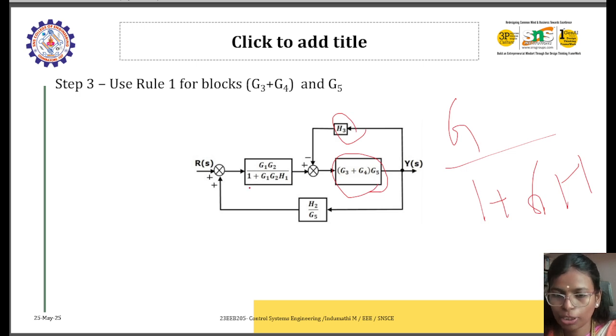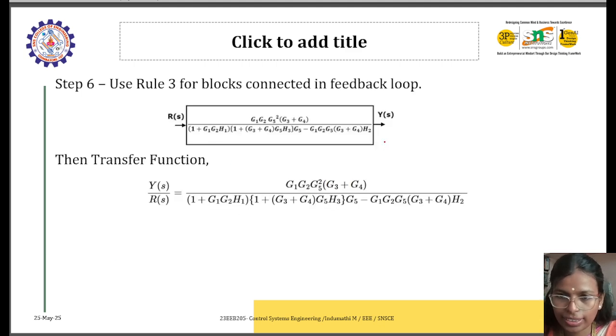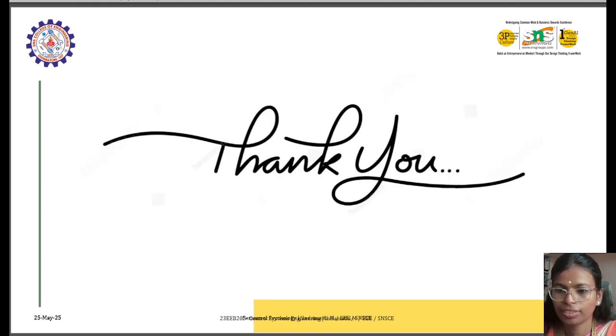This simplified block and this one will be in series, so you can just multiply, and this feedback you can simplify. We have simplified this one, and these two are simplified by the feedback loop, and at last you'll get this. So this will be your transfer function. That's all with the block diagram reduction. Thank you.